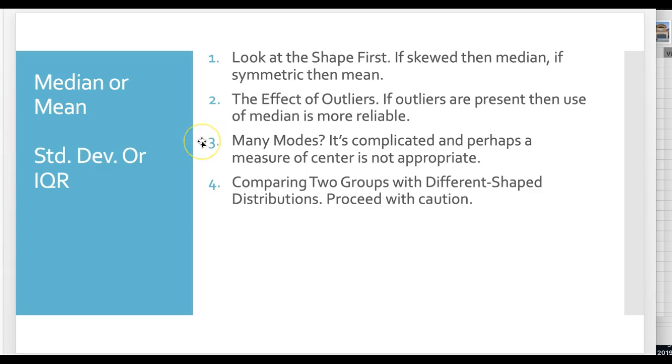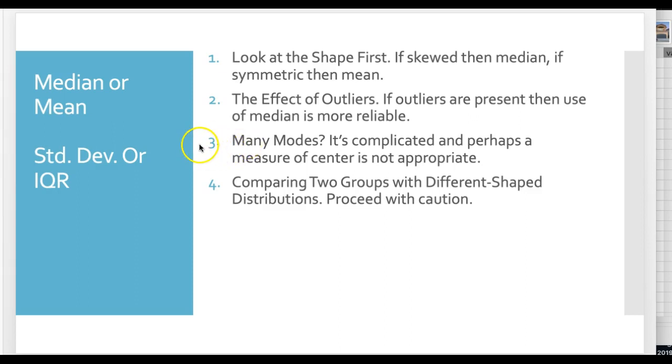And there's other things to think about too, like how many modes there are. If you have two modes in your distribution, like two humps in your graph, there are really two typical values, not just one. So maybe what we're doing isn't appropriate.